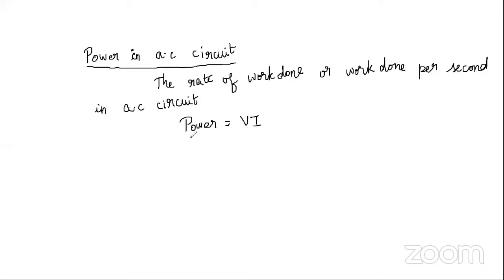That is power. So power means work done per second. And when you have power and you need to find out the work done, you need to multiply power with time. So work done equals VIt, or P into t.